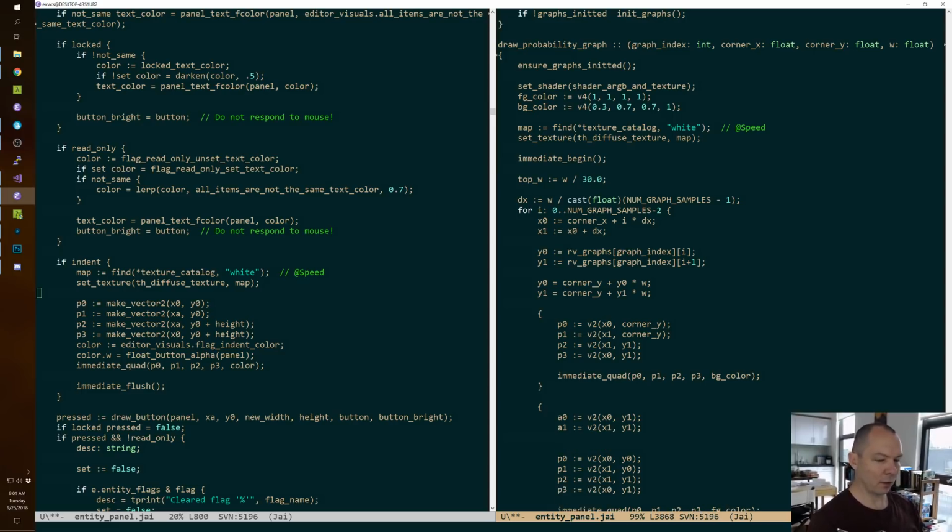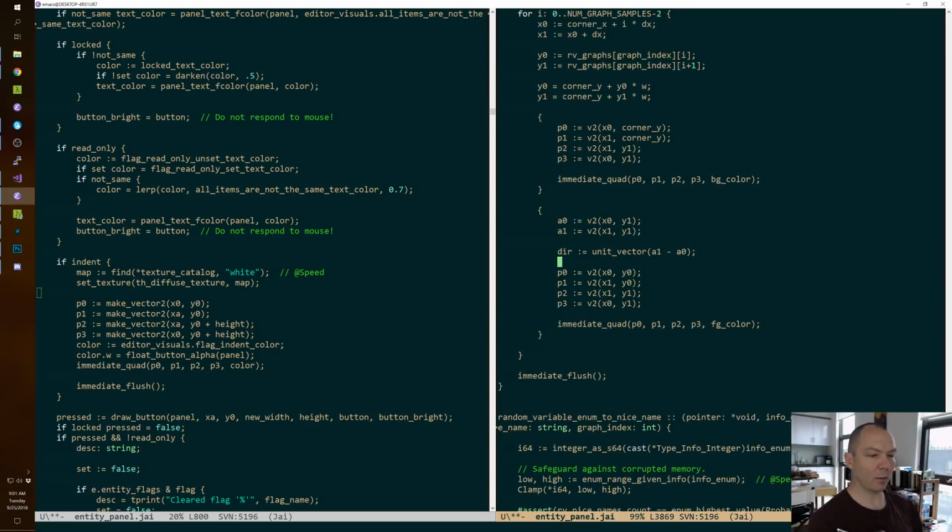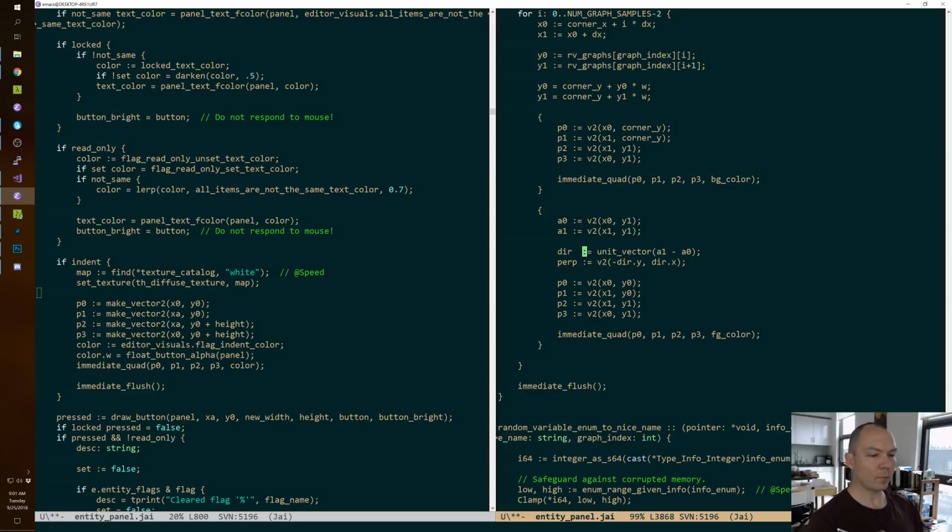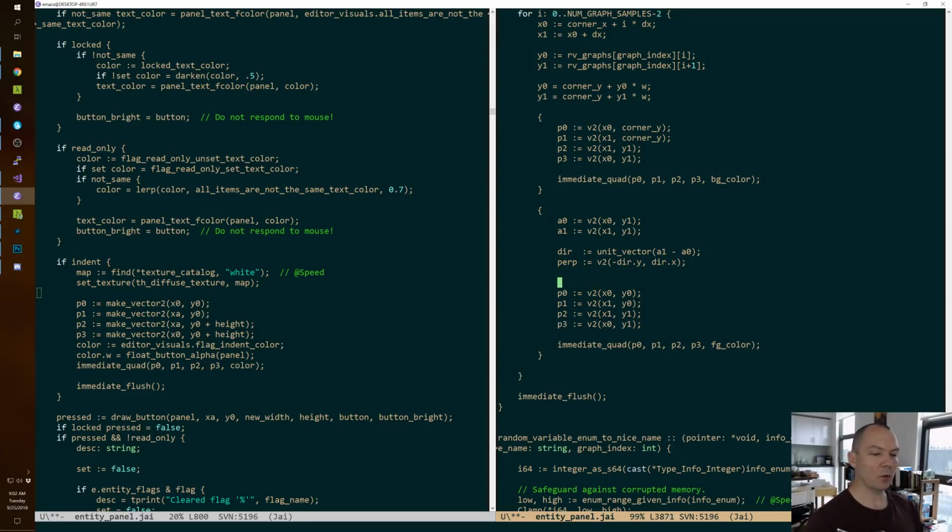And then the direction is A1 minus A0 unit vector. That gives us a unit vector that points along the direction of whatever that thing is in the top of the graph. And then the perpendicular is going to be something that goes in the orthogonal direction, which you can do just by twiddling the components like this. So now this gives us a quad.